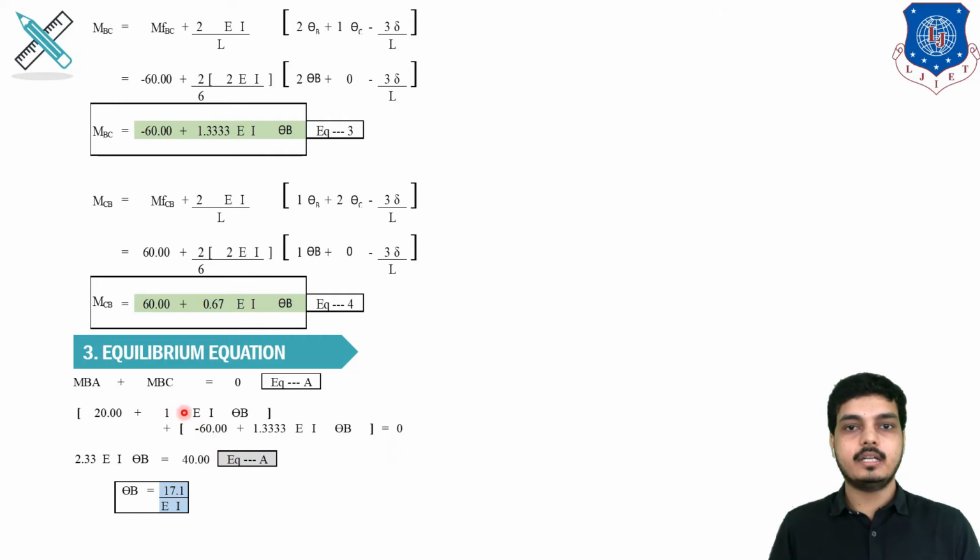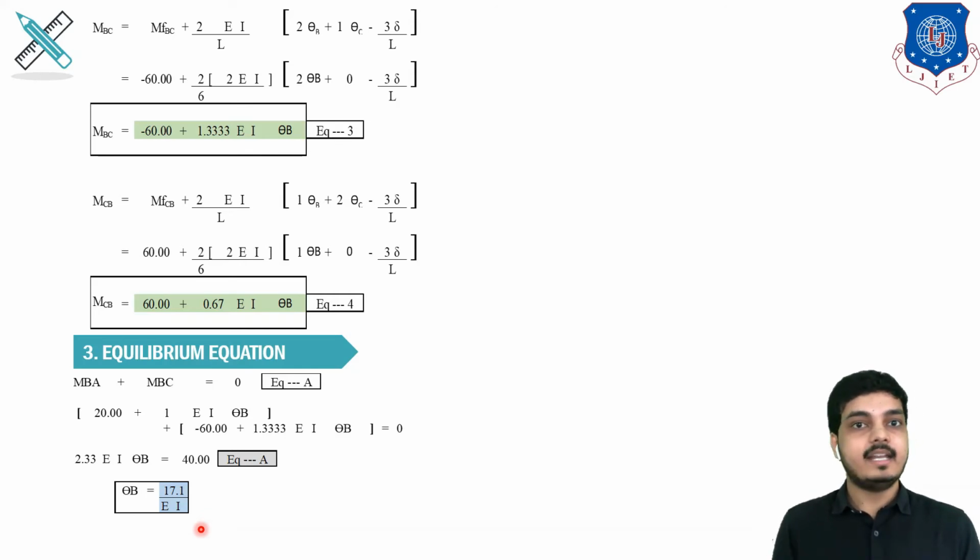Here it is 1 EI theta B and here 1.33, so ultimately it is 2.33 EI theta B. For the value of theta B, divide 40 by 2.33 and I get 17.1 as theta B in the form of 1 upon EI. Now this is my final value of the unknown.